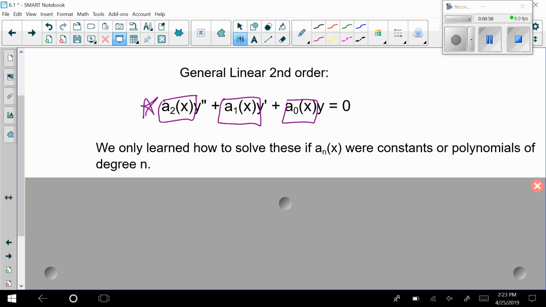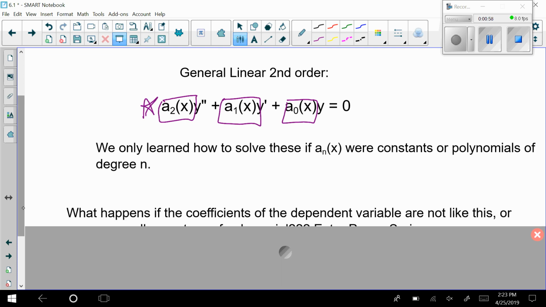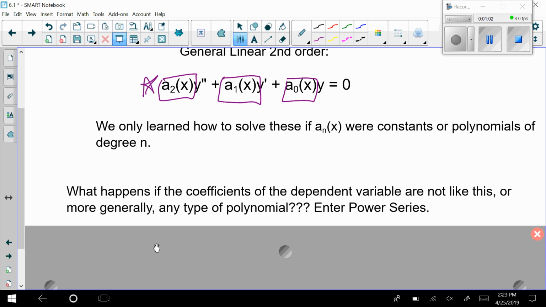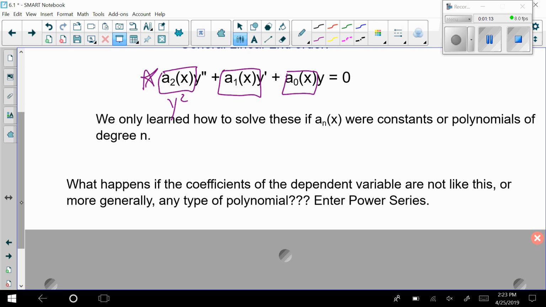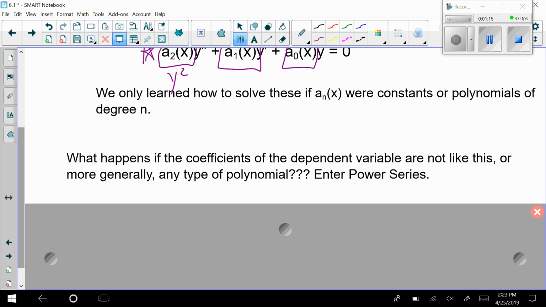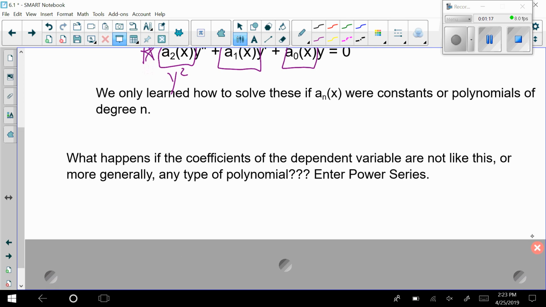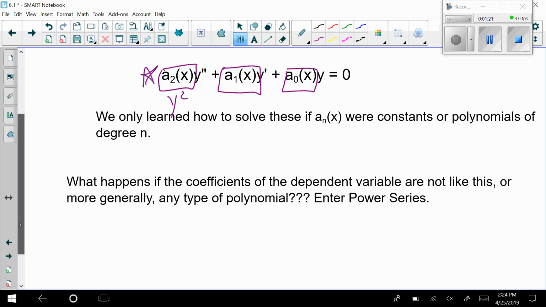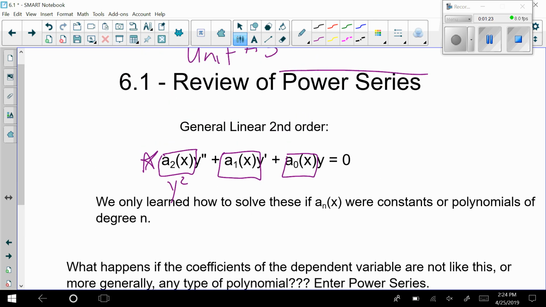And what's going to happen is these might be coefficients of the dependent variable, so you might have y squared sitting in here and things like that. And if it's any type of polynomial, then we have this issue: this is no longer necessarily linear, and we're going to need some power series. That's the whole premise on why we need these power series.